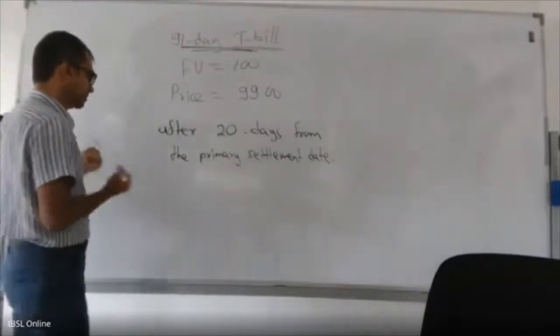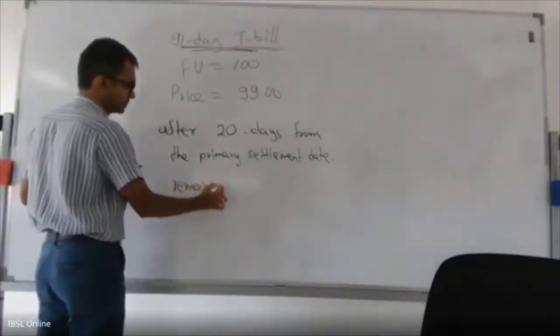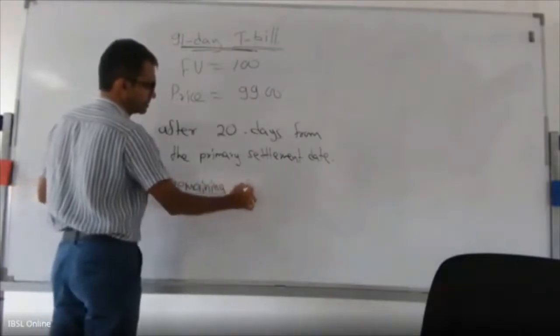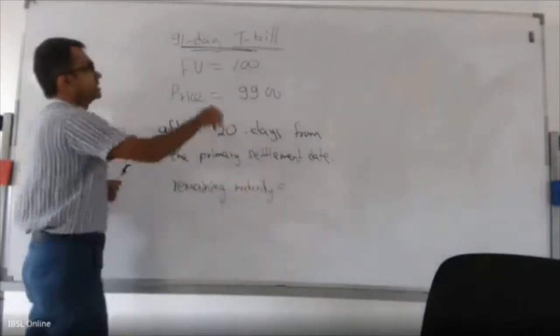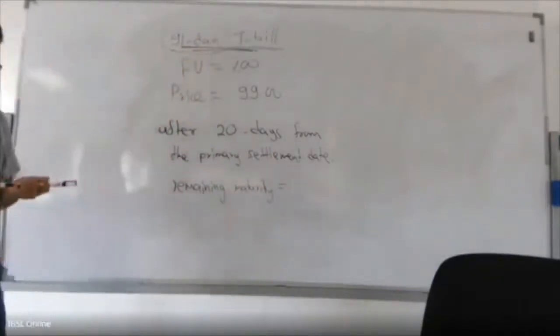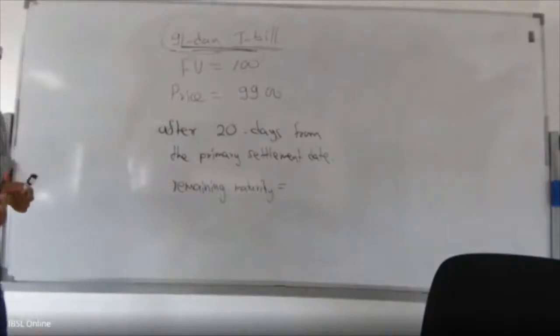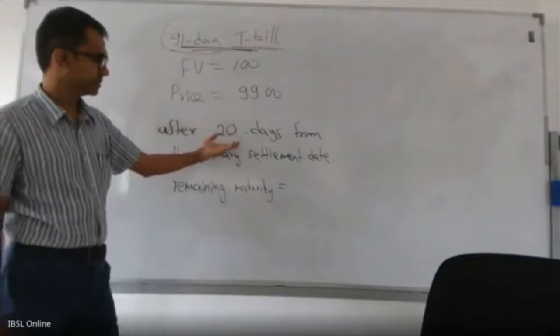What is the remaining maturity? Originally it's for 91 days. Now 20 days have lapsed.